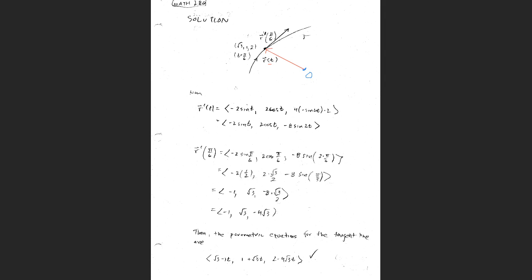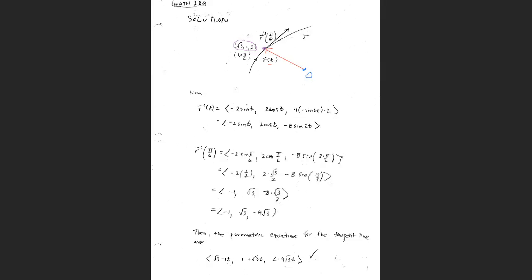When t equals pi over 6, that's this point then on the space curve. And if we substitute t equals pi over 6 back into the components of the space curve, we'll get root 3, 1, and 2. So that means this derivative vector at pi over 6 would be tangent to the space curve.